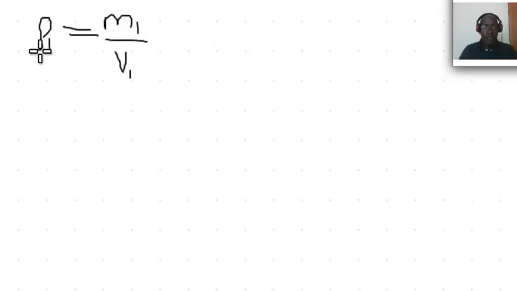Density 1 is given by mass 1 over volume 1. So what you do here is multiply both sides by V1.